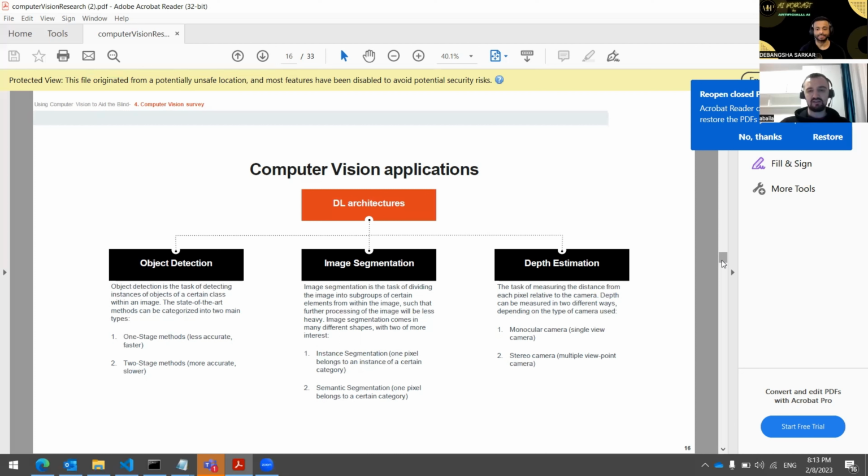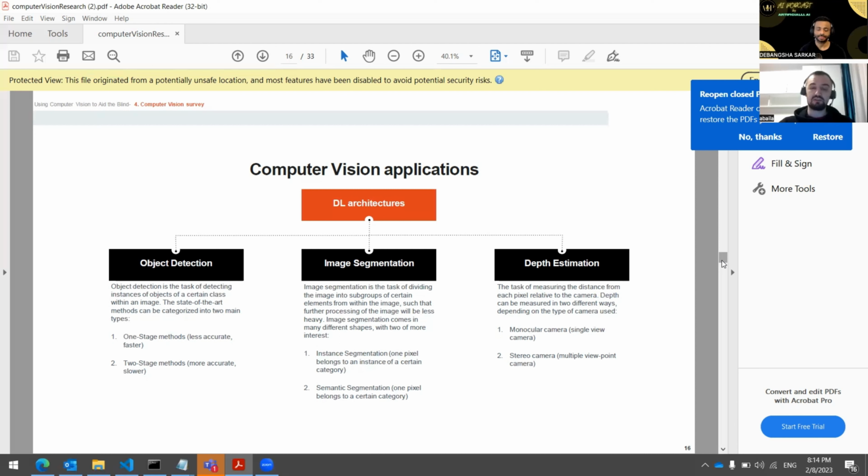And lastly, depth estimation, which is very suggestive, I would say. You just measure the distance of each pixel and estimate it relative to the camera. And here we can measure depth in two different ways, depending on the type of camera we use.